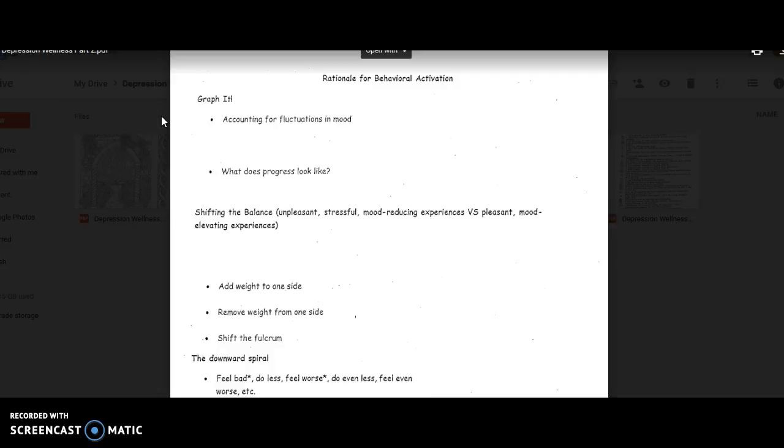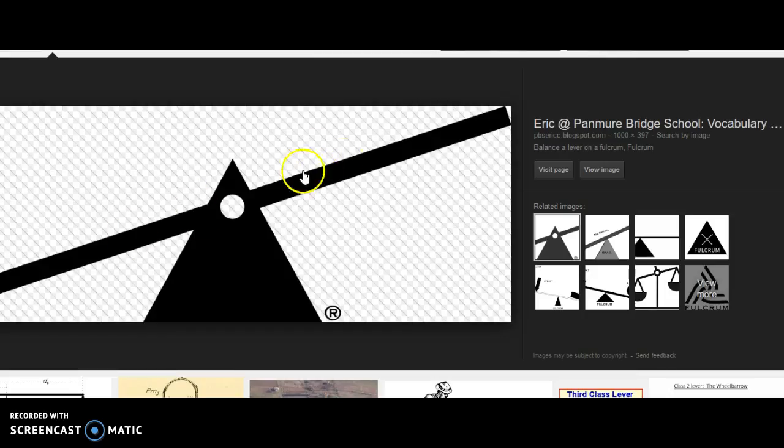We want to add weight to one side, remove weight from the other side, and then you shift the fulcrum. So let's look at the fulcrum. That's if you remember from science. So we're adding all these negative experiences here on the depression side, so we go down into depression. And we're not really adding anything on the positive side because you don't feel like it when you're depressed.